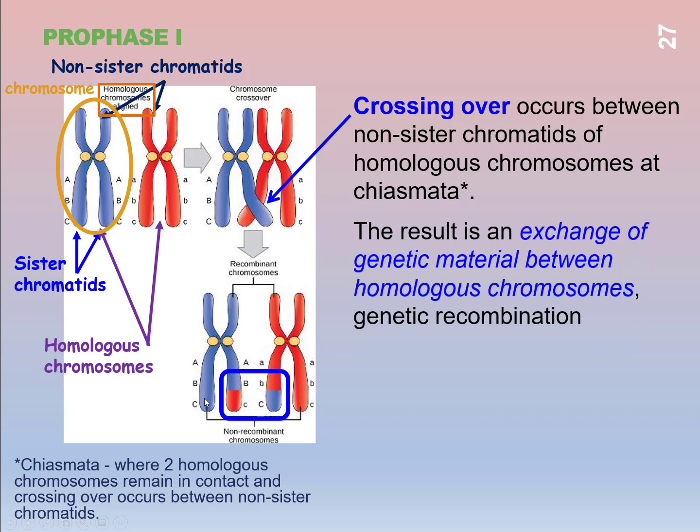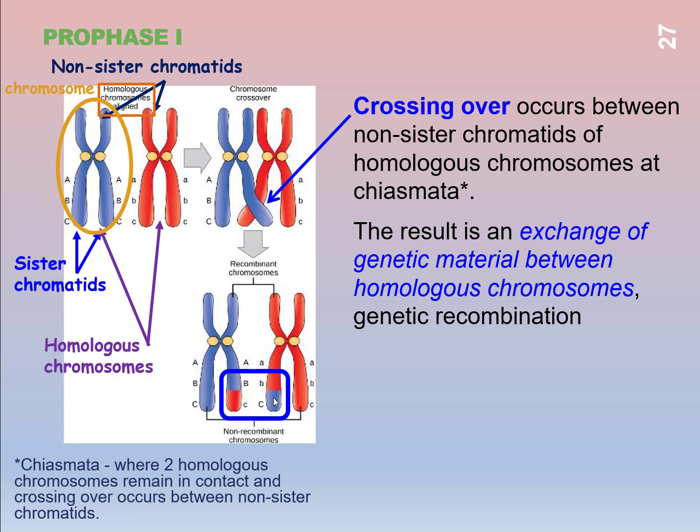So if we had blue eyes down here, green eyes here, green eyes here, there's an exchange that takes place. Now this one still has its blue eyes, but this sister chromatid has green eyes. And the same thing here. This one originally had green eyes, but now that crossing over has occurred, this sister chromatid now has blue eyes. So we literally get an exchange of genetic materials.